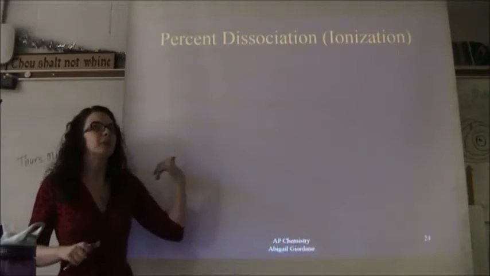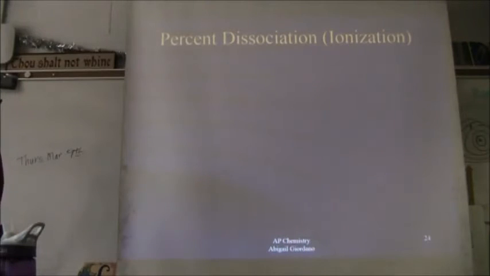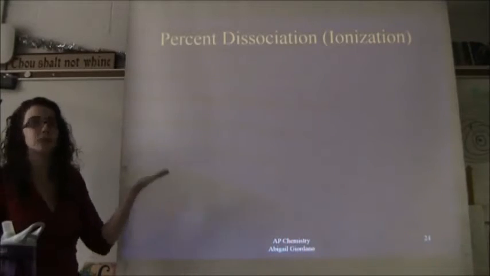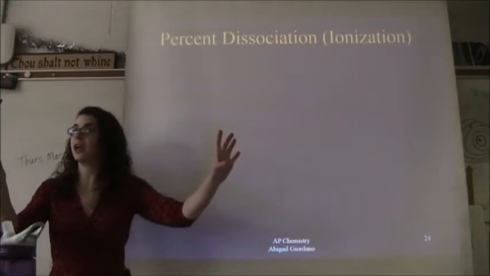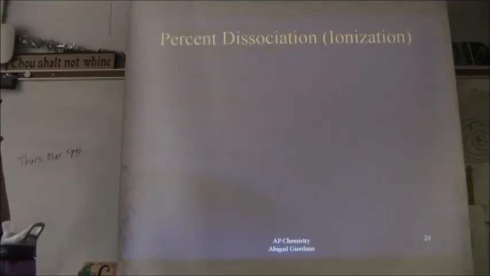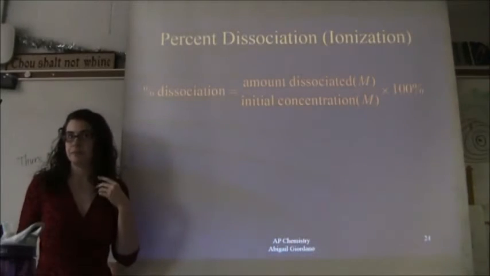What would that percentage be if we're talking about a strong acid? 100%, you're right. Okay, you wouldn't have to calculate anything. Percent dissociation for strong acids, 100%. Weak acids, that number is going to be much, much less. And this is how it's calculated.